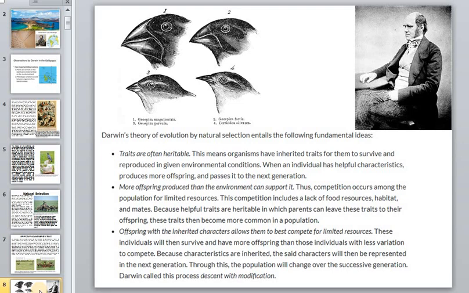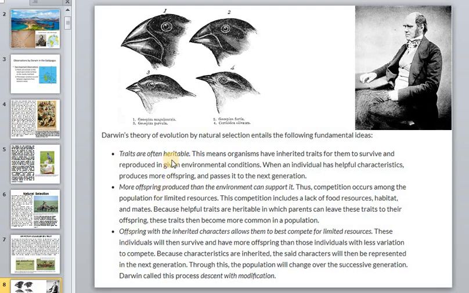Darwin's theory of evolution by natural selection entails the following fundamental ideas. First, traits are often heritable. Second, more offspring are produced than the environment can support, and offspring with inherited characteristics that allow them to best compete for limited resources do better.